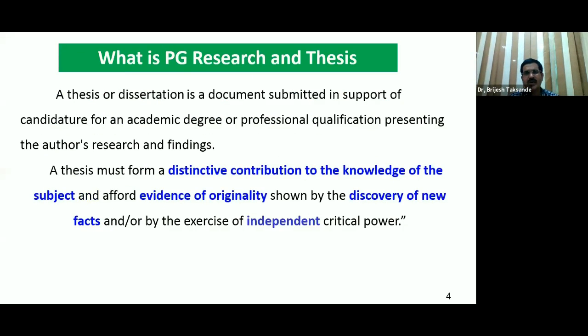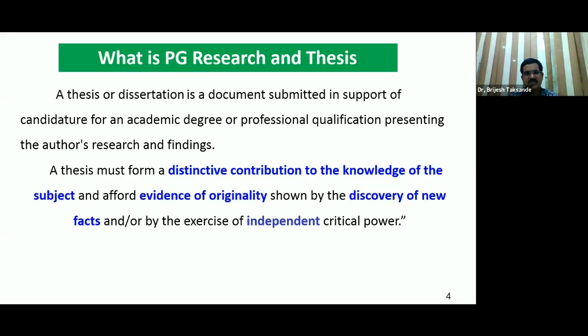So everything we are doing is for the thesis or dissertation, which is an essential component from an administrative point of view. So thesis or dissertation is a document submitted in support of a candidature for an academic degree or professional qualification, presenting the author's research findings.